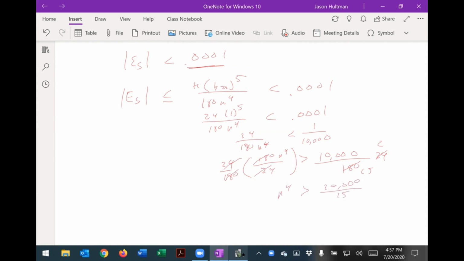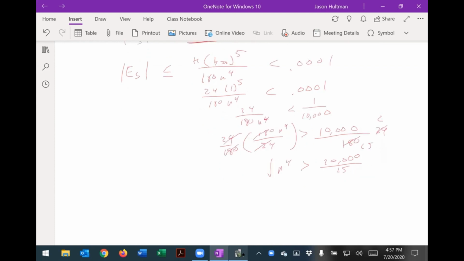Now I'm just going to take the fourth root of both sides of this 20,000 over 15. Did I do that right? I think so. And what do I get?